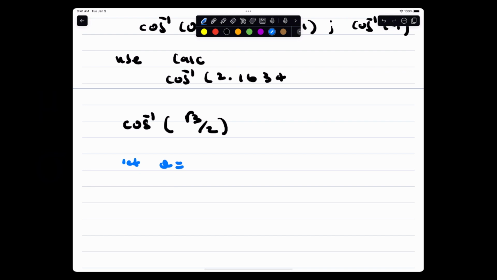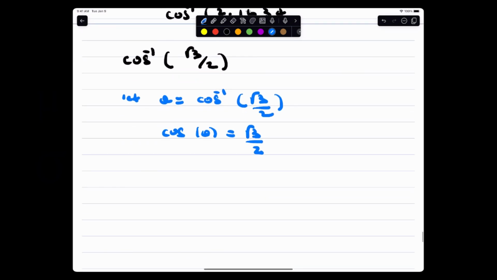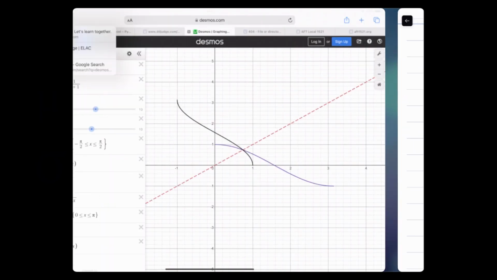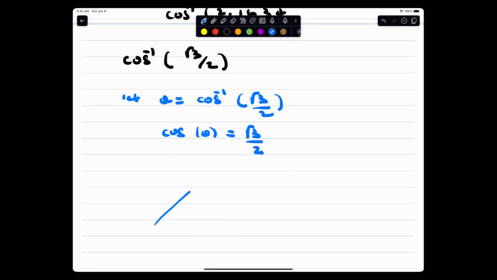We're going to let theta be inverse cosine of square root of 3 over 2. Then by definition, cosine theta equals square root of 3 over 2. Here's theta.